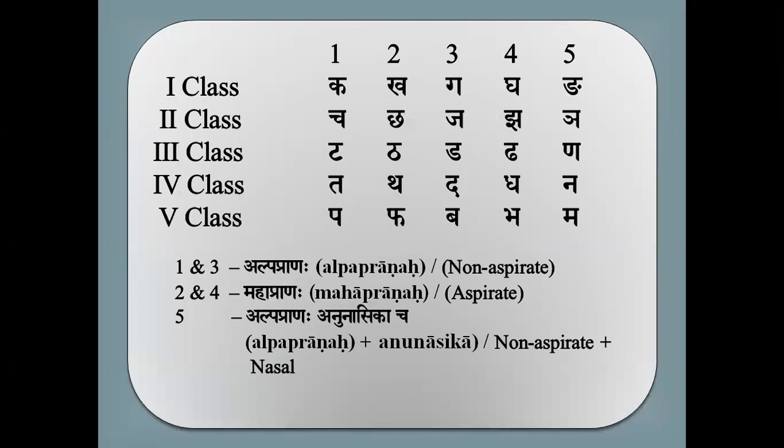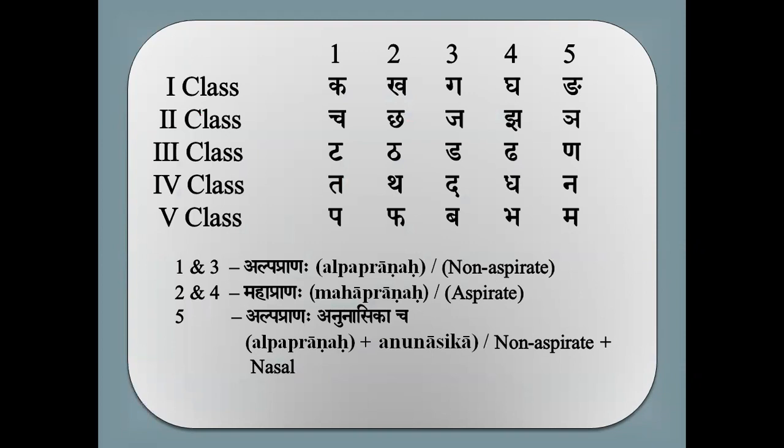And 4 is the fourth letter of all the classes. Gha, jha, dha, dha, bha. And the fifth one is the fifth letter of all the classes. Nga, nya, na, na, ma.